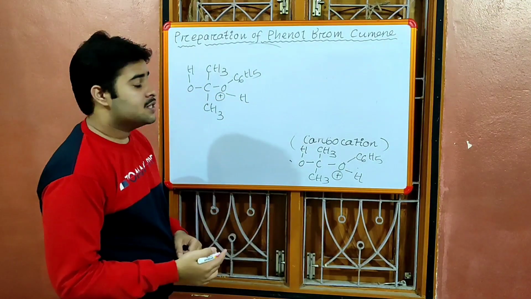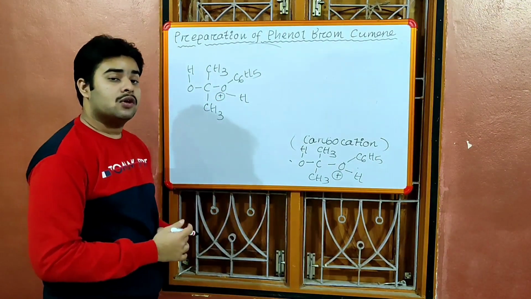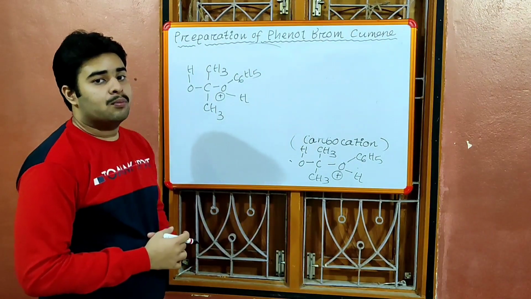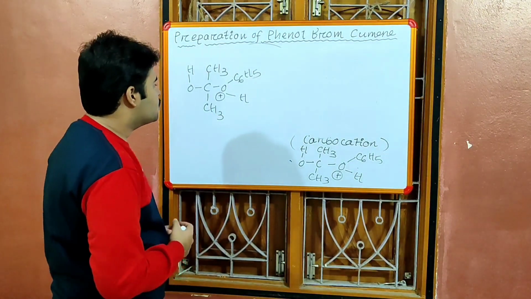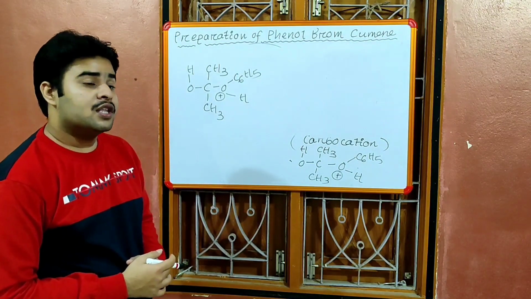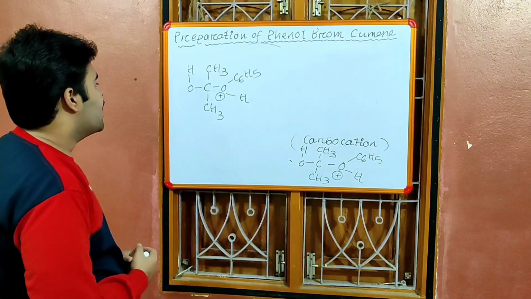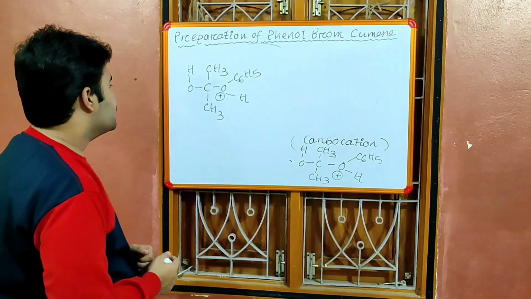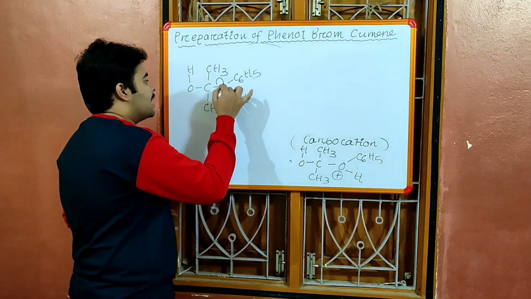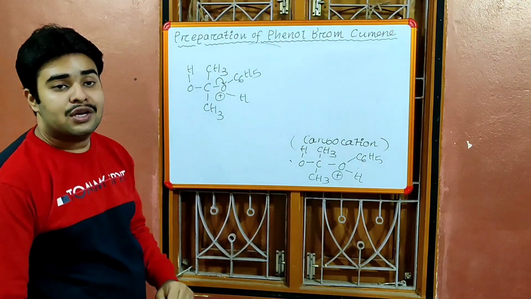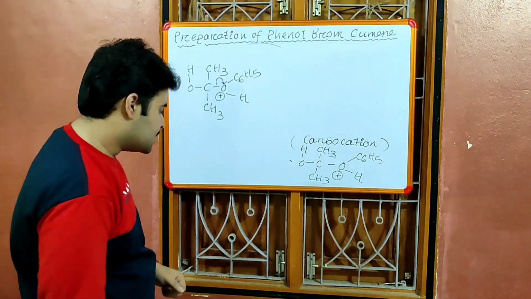For neutralization of this positive charge over the electronegative oxygen atom, some bond should be broken, and it should neutralize this positive charge over the oxygen atom. Then how will it be formed? How can we form this thing? This bond pair of electrons can neutralize the positive charge over this oxygen atom.